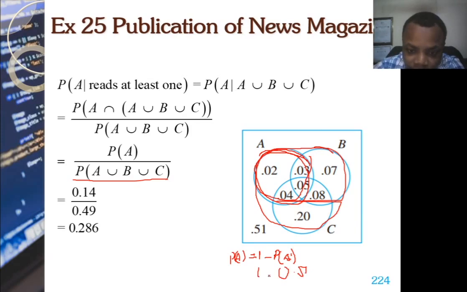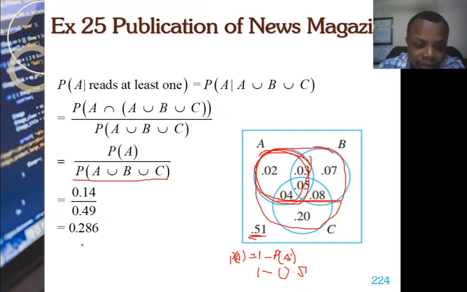So if you want to get the probability or the summation, that is the union, which is the same as the probability of the sample space, all that we have to do is just subtract the complement that we have here, 0.51, from 1. And that is just going to give us 0.49.